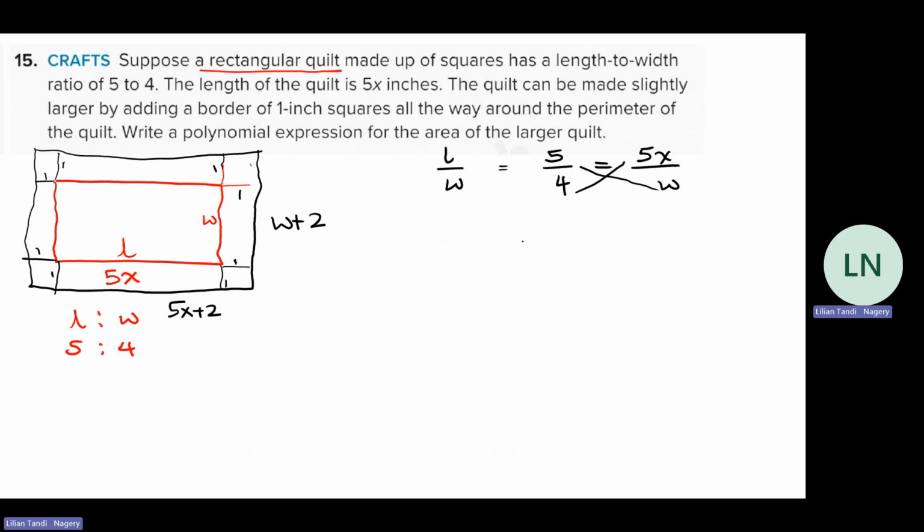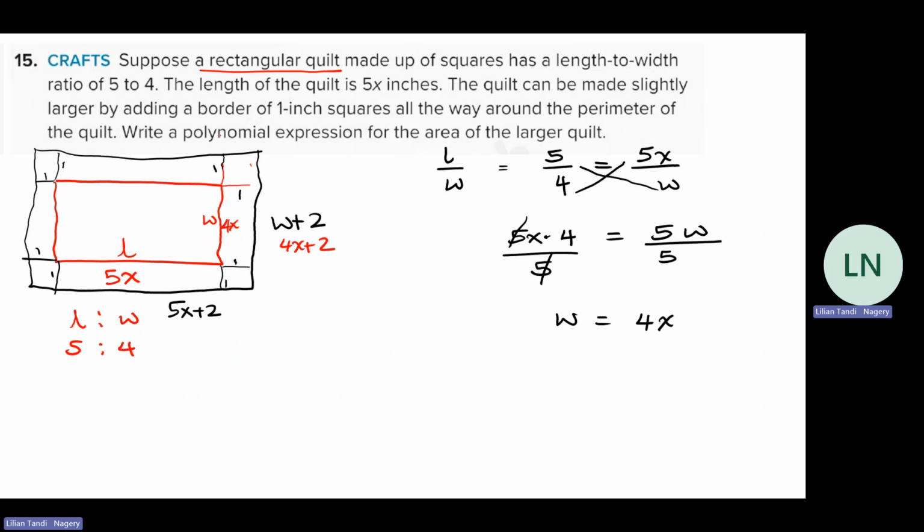So that will be 5x times 4 equals 5w. So divide by 5, divide by 5. This 5 and this 5 will go away. So w will be 4x. Here will be 4x.